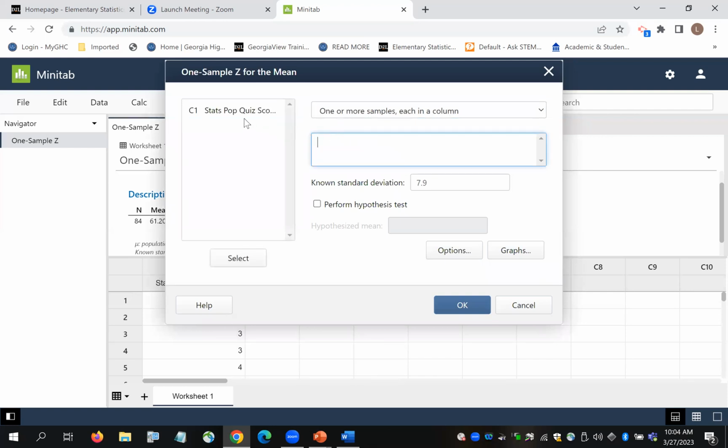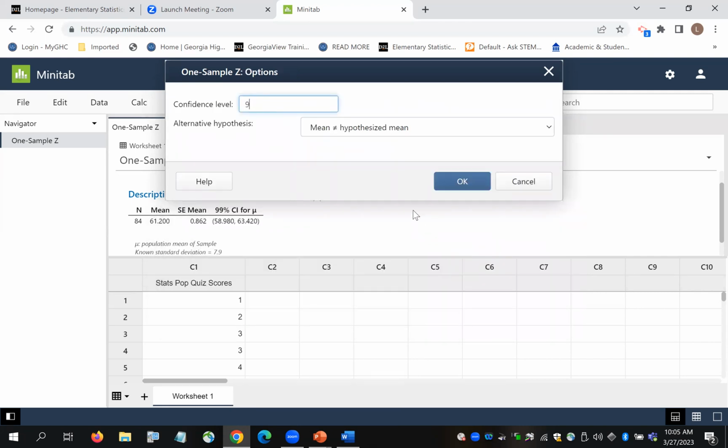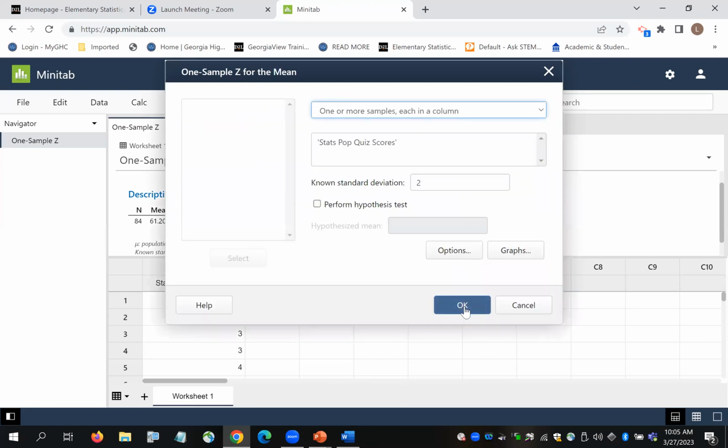I have to tell it where the raw data is located. It's in column 1. My known standard deviation was given as 2. Options, I wanted the 90% confidence interval, and my alternative hypothesis will be not equals, always. I click OK.